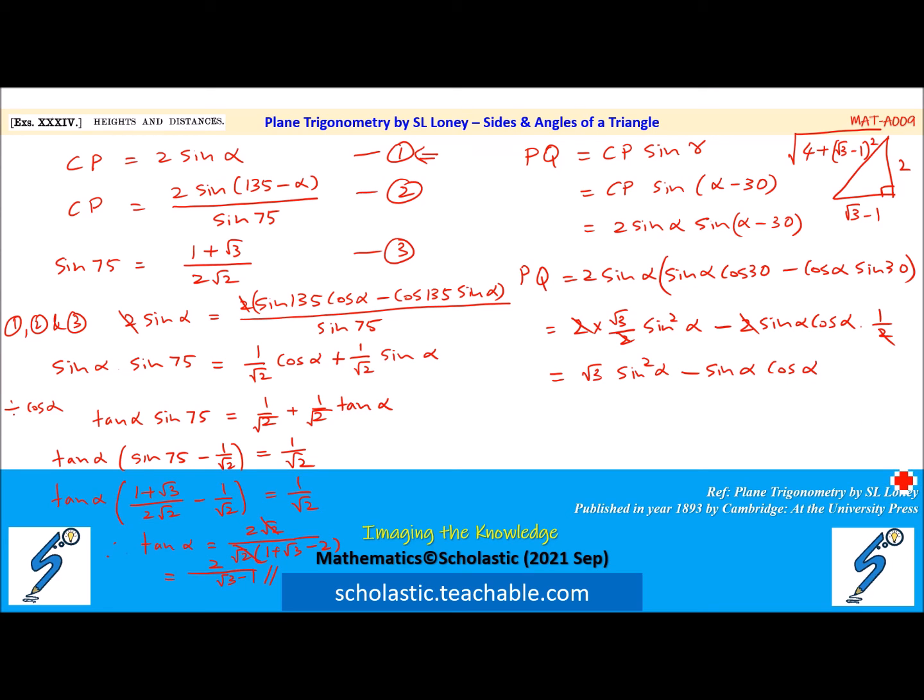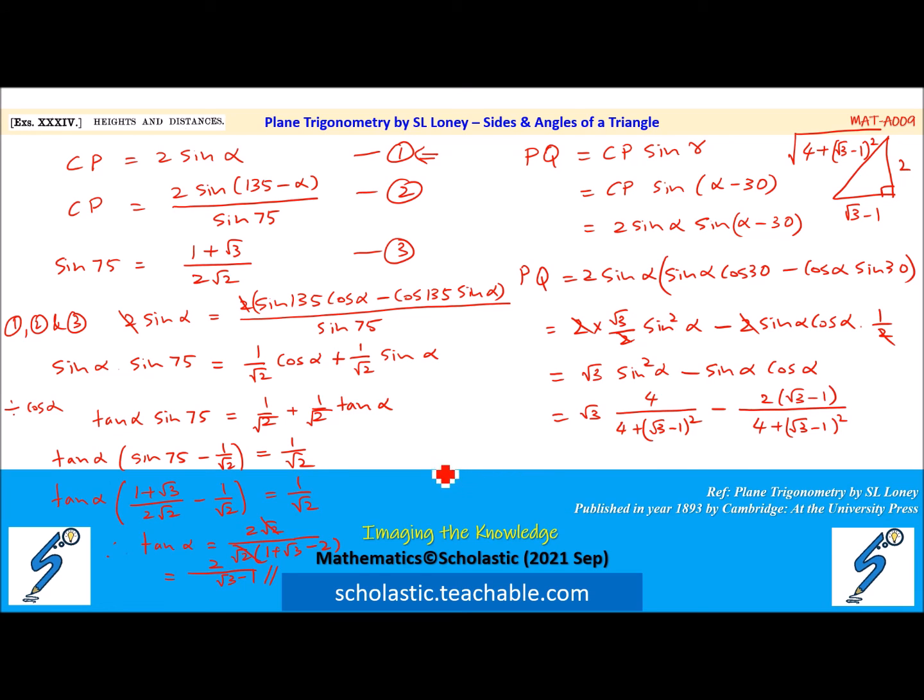So now it's a matter of substituting for sine alpha. Sine squared alpha is equal to 4 divided by 4 plus (root 3 minus 1) whole squared, minus sine alpha cos alpha, where the two terms give 2 over the square root of 4 plus (root 3 minus 1) squared, times root 3 minus 1 over the square root, therefore we get 4 plus (root 3 minus 1) squared in the denominator.